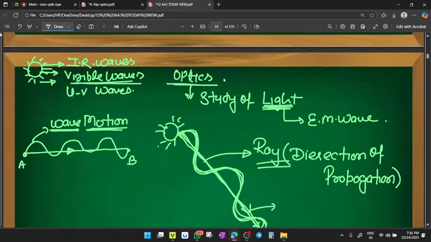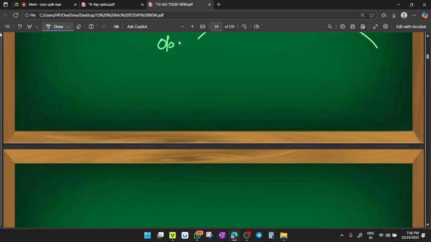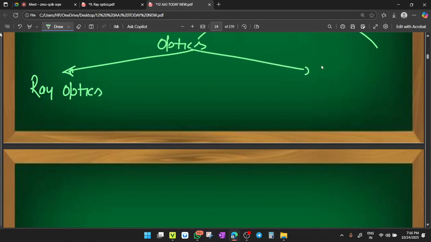Now there are two types of optics. Optics has two branches: first ray optics, and second wave optics.